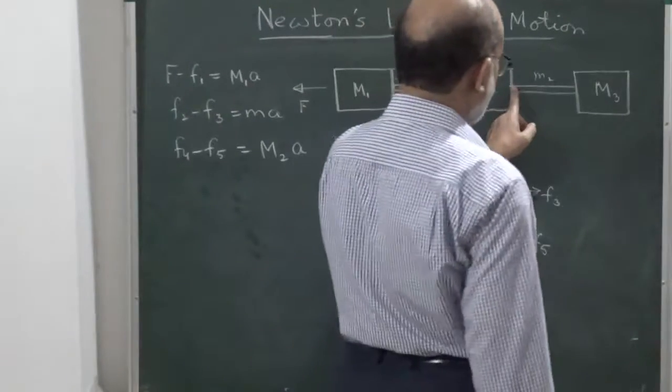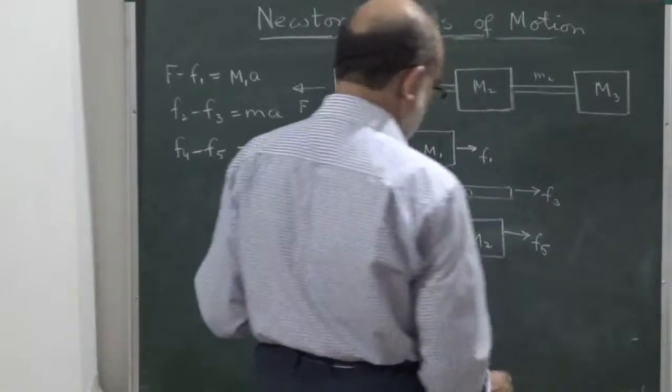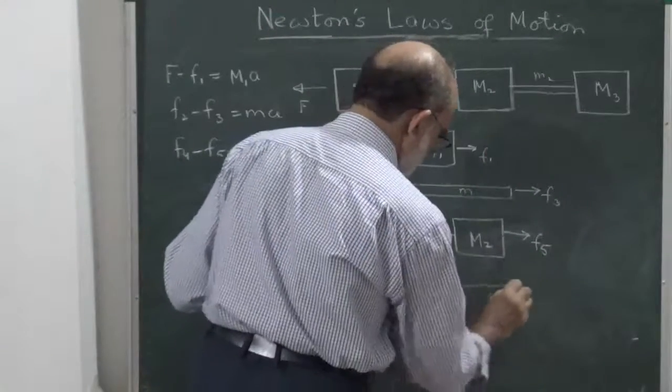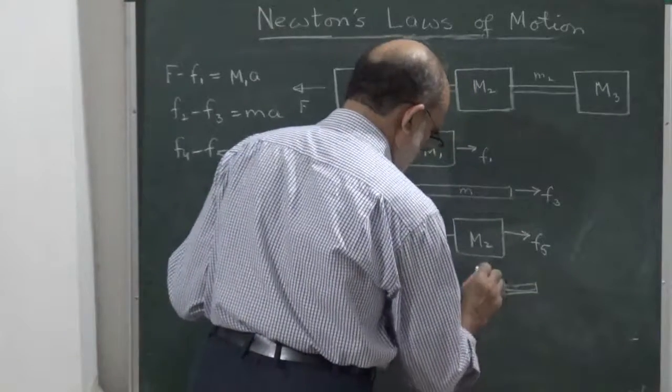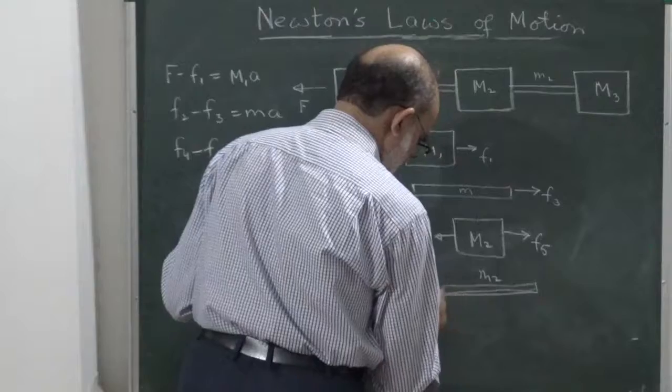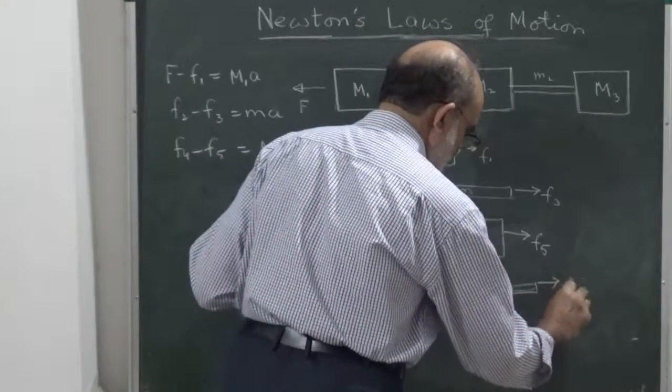Now this is the rope here again, this is say F6, and this is, let's say, F7.